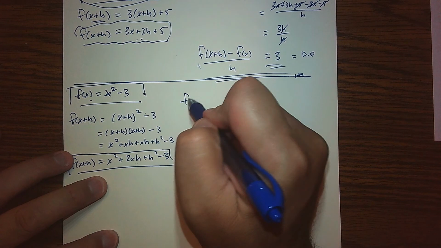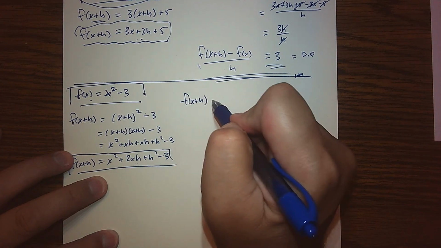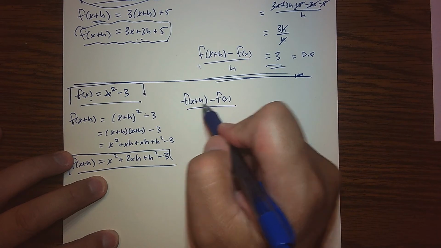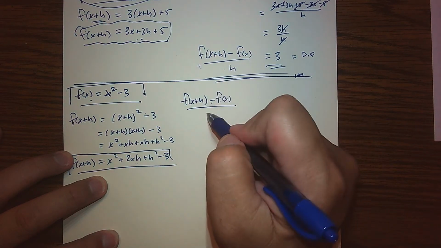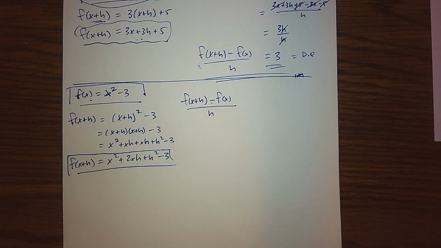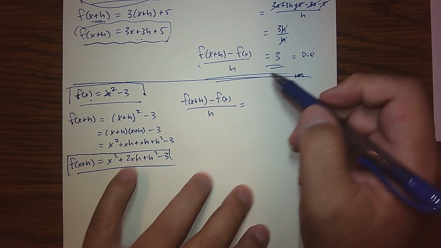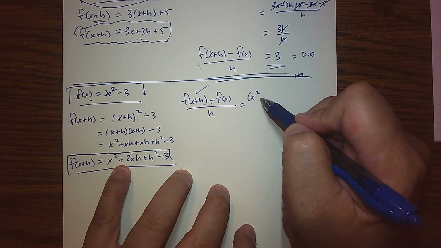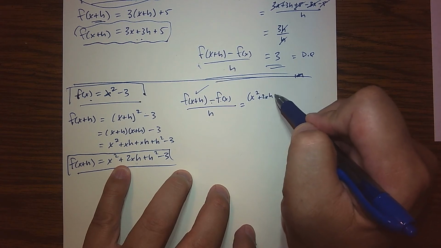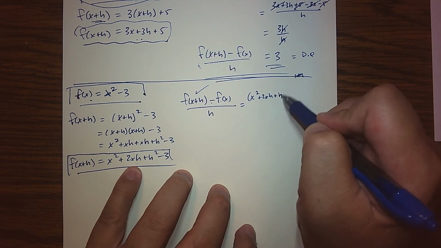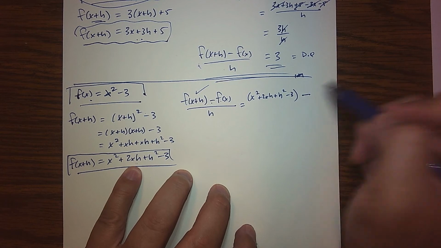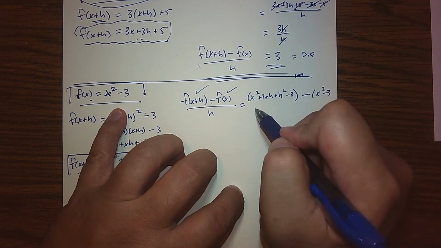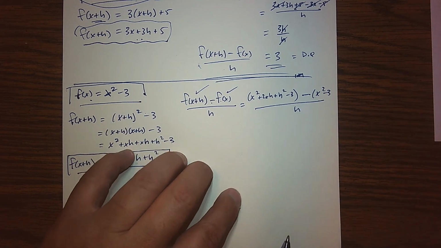So we're ready for the difference quotient. Let me rewrite it. The difference quotient is the function evaluated at x plus h, minus the function evaluated at x, all divided by that number h. So if we fill in all the details, this part is x squared plus 2xh plus h squared minus 3, and we're going to subtract the function x squared minus 3, and that's all over h.